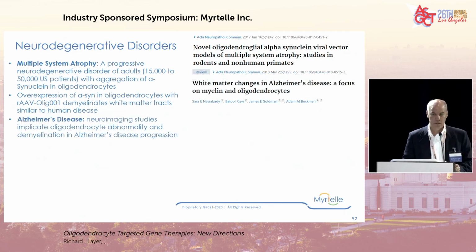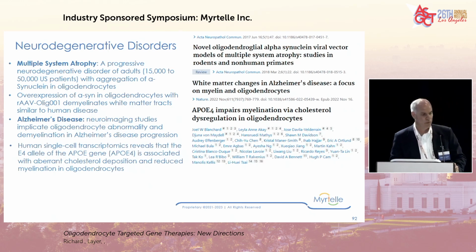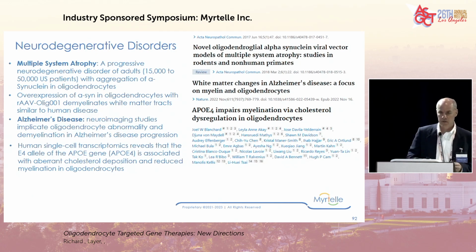In Alzheimer's disease, neuroimaging studies implicate oligodendrocyte abnormality and demyelination in Alzheimer's disease risk and progression. And recently, Blanchard and colleagues used single-cell transcriptomics to evaluate brains with and without the E4 allele of apolipoprotein E. And what they saw was that ApoE4 brains were associated with aberrant cholesterol deposition in oligodendrocytes and reduced myelination.